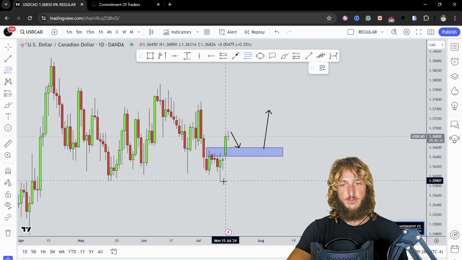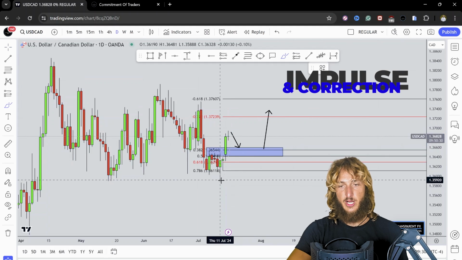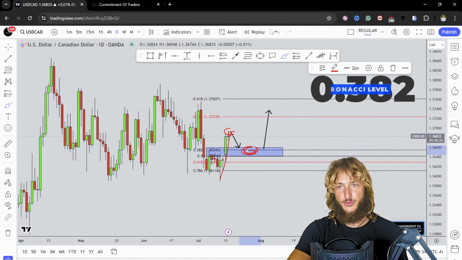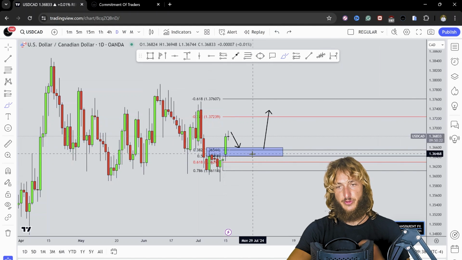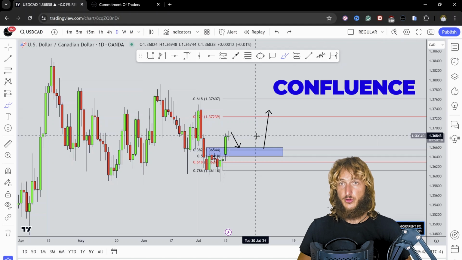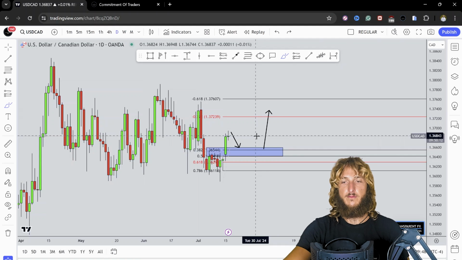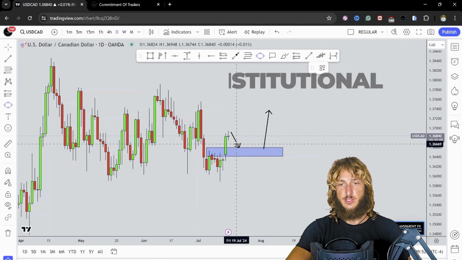Since we have an impulse, if we want to measure the correction, we would have to take our Fibonacci from the low to the high of the impulse leg, which shows us how we have a 0.32 Fibonacci retracement here, which is lining up with this previous resistance turned support, therefore creating confluence of support. Because if we have multiple layers of support lining up in the same area of price, that creates confluence of support, which increases the probability of seeing institutional longing.